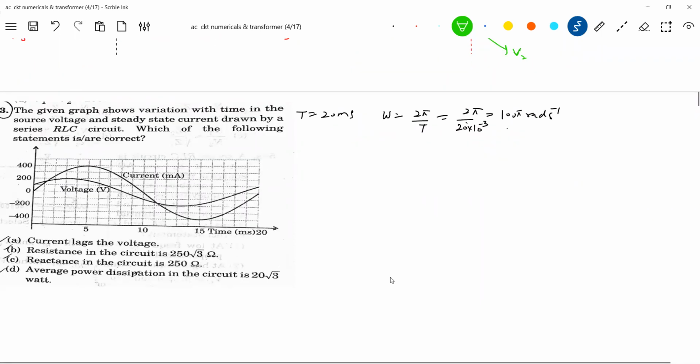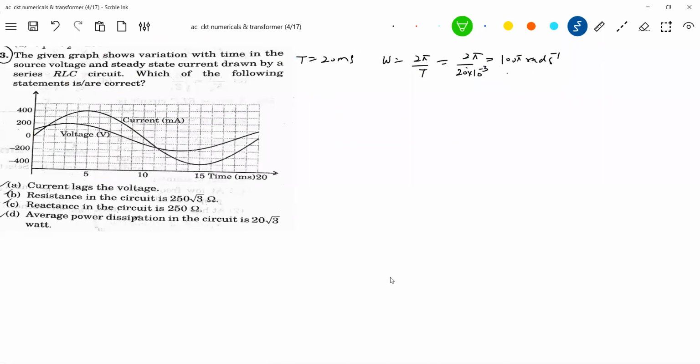Okay, come to this. So definitely what I can say now, the current lags the voltage, or the voltage leads the current. Current lags the voltage means it should be an RL circuit or RC circuit. RLC is given, so we can't say RL or RC. So only reactance, what we can put here.